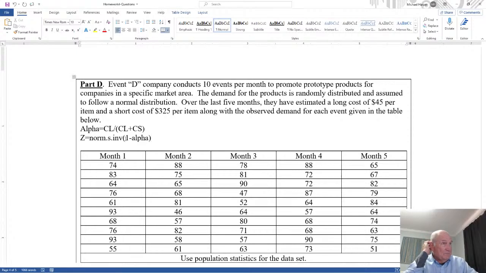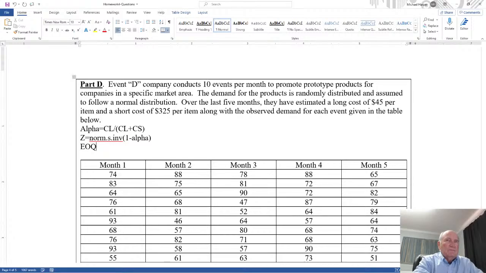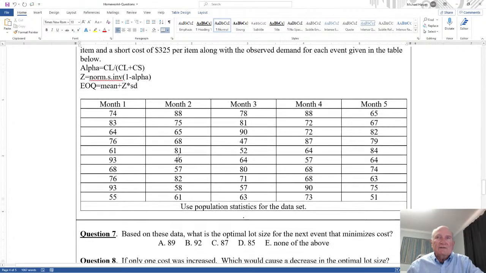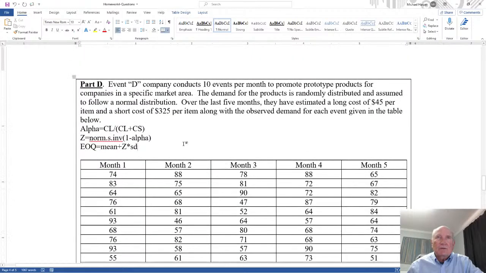And then EOQ will equal the mean plus your Z times standard deviation. So alpha can be calculated from the 45 and 35.